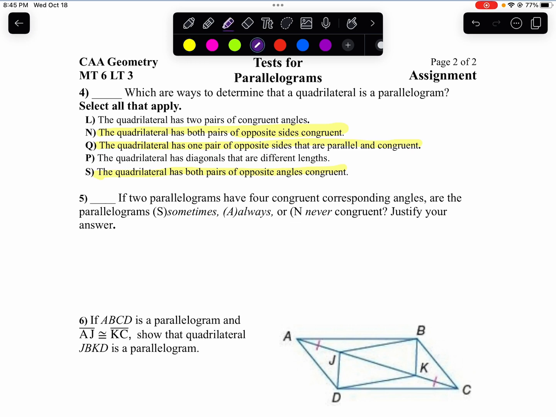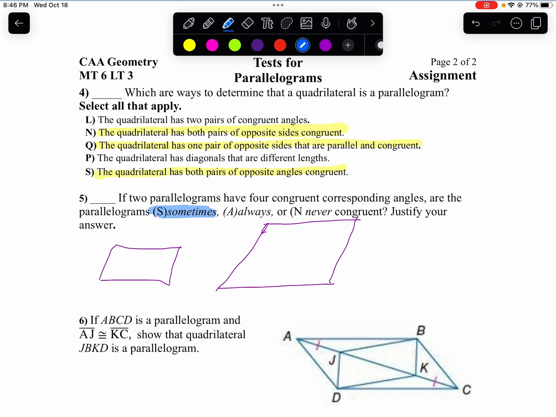Well, if we've got 4 corresponding angles congruent, they can be congruent, but they also don't have to be. I'm not very good at drawing here, but they could be different sizes. And so that would be sometimes. They would be congruent sometimes.